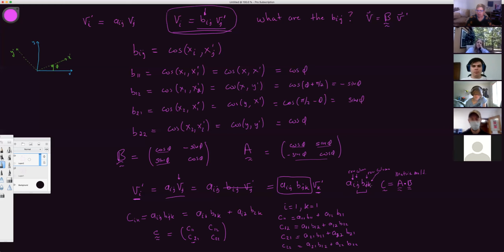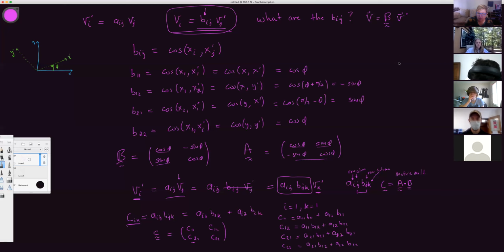And it has two free indices, which are the row and column of the output matrix. Alright, let's go back to our equation. I'm going to come up here because I have a little room.